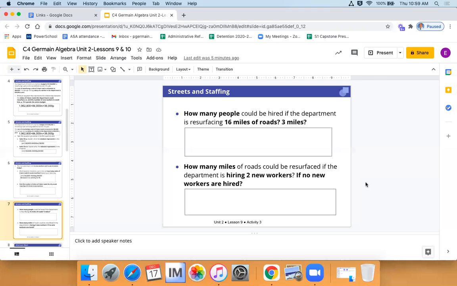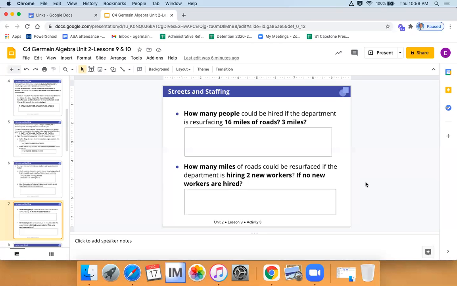Julia said no, we wouldn't round it up. Julia, why do you think we wouldn't round it up? I don't think that we could round it up because then we wouldn't have enough money to pay them. Exactly, right? We're talking about a budget and we can't go above this budget.